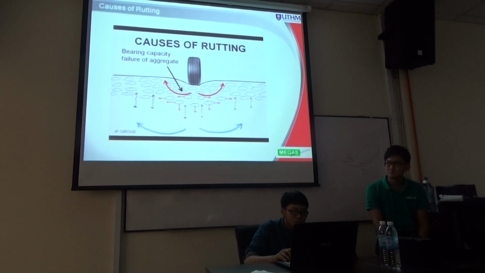Because when there's a wheel load applied on top of this road, it will squeeze so that over here you have a little bit up, and here a little bit up, and then you feel that there's a settlement on the road. So the rutting measurement starts from this high point up here to the base here, whereas deformation is from the original level to the base here.